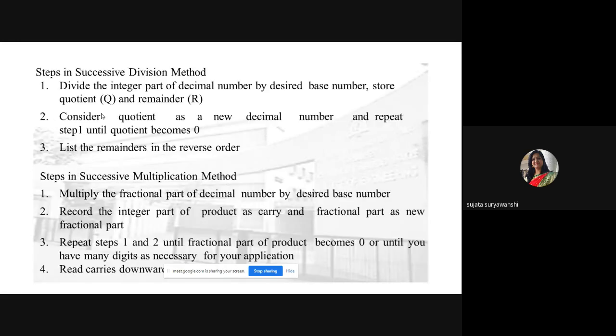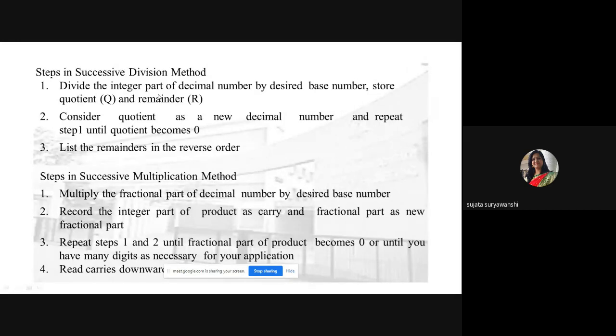These are the steps required for successive division and successive multiplication. In the successive division method, three different steps are required. The first step is: divide the integer part of the decimal number by the desired base number, and store the quotient and remainder.